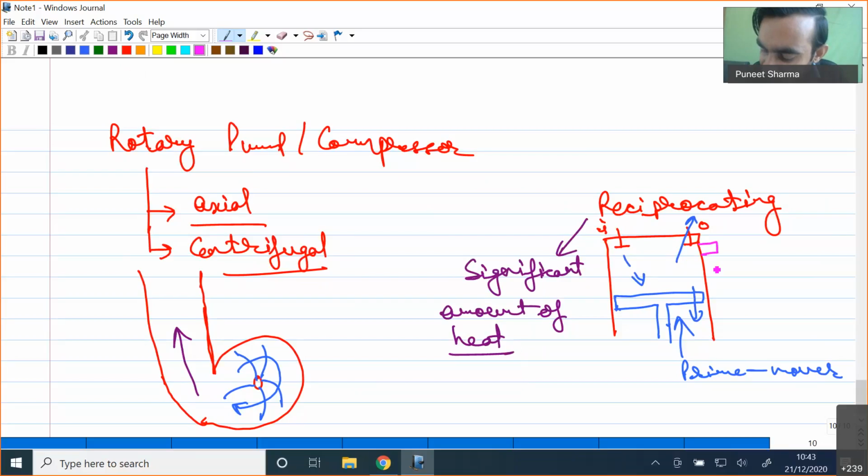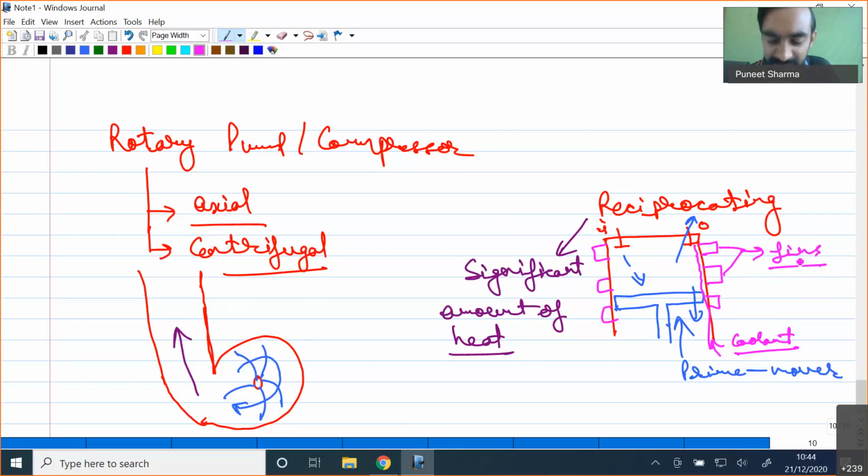Either we put additional fins over the surface of the cylinder, which help in dissipating the energy at a faster rate, or we provide small channels inside the cylinder and allow the flow of coolant through small jackets, or some additional arrangement which enhances heat transfer.